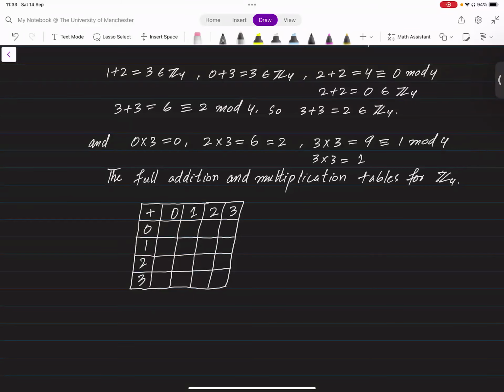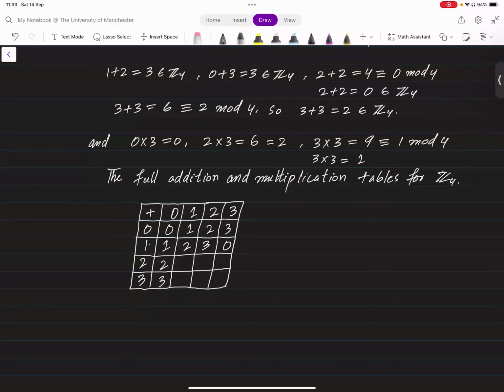Now, if you add 0 and 0, that will be 0. 0 plus 1 is 1. 0 plus 2 is 2. 0 plus 3 is 3. 1 plus 0 is 1. 2 plus 0 is 2. 3 plus 0 is 3. Okay. 1 plus 1 is 2. 1 plus 2 is 3. 1 plus 3 is 4, and 4 in Z4 is 0 again.